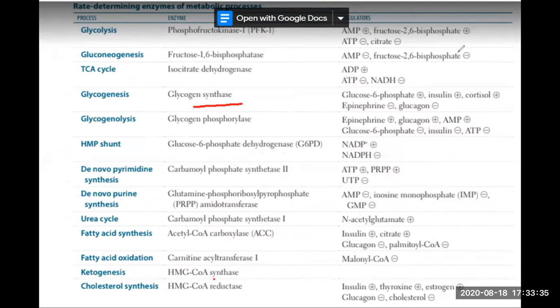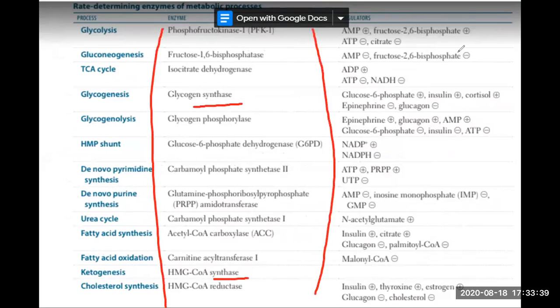In this whole list, you only have two enzymes which end with synthase, and both of their pathways have genesis. So it is an easier way to learn that glycogenesis has glycogen synthase and ketogenesis has HMG-CoA synthase.